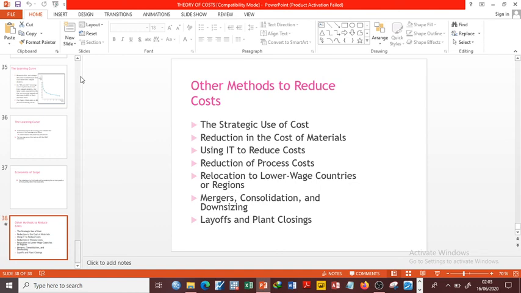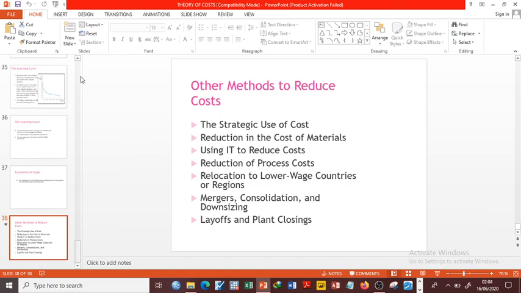Then reduction in the cost of materials. This could be that you choose to buy your raw materials from cheaper sources to reduce costs. Then using IT to reduce costs.